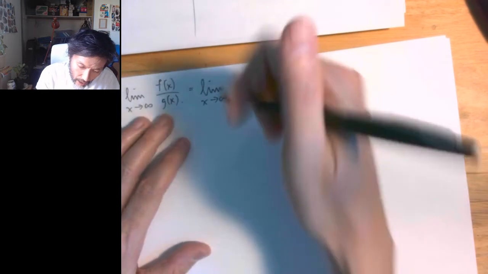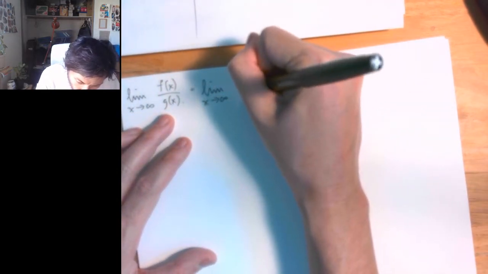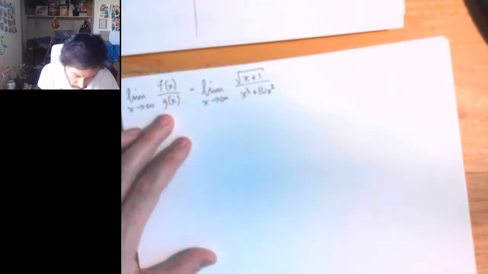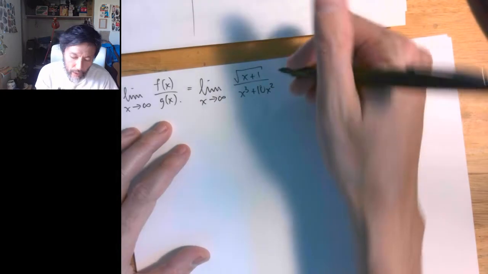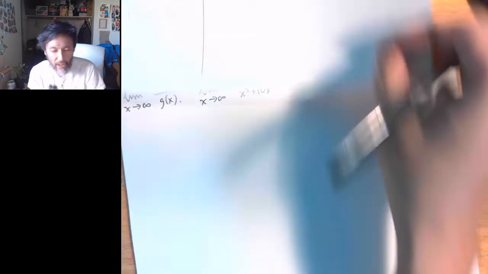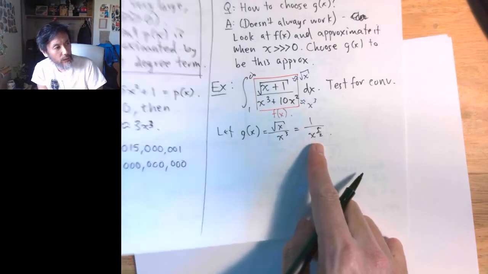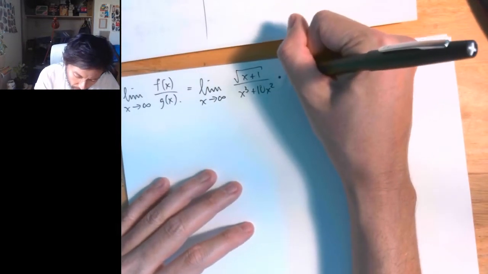F of x over g of x. So f of x we said was square root of x plus 1 over x cubed plus 10x squared. Now we're dividing by g of x, so that's the same thing as multiplying by the reciprocal of g of x. The g of x, remember, was 1 over x to the 5 halves. So the reciprocal of it is x to the 5 halves over 1.